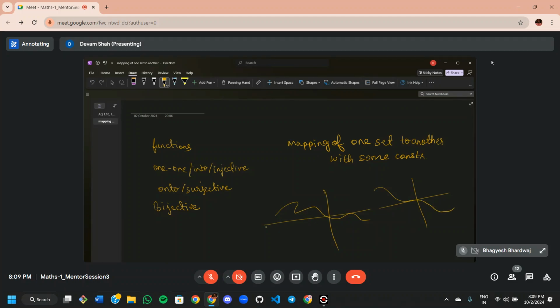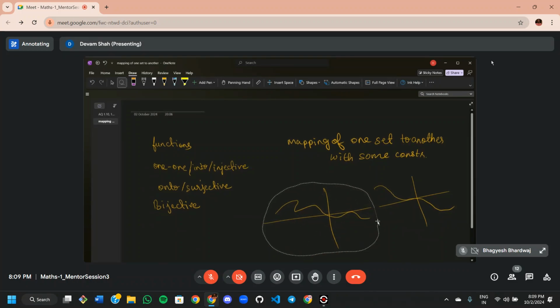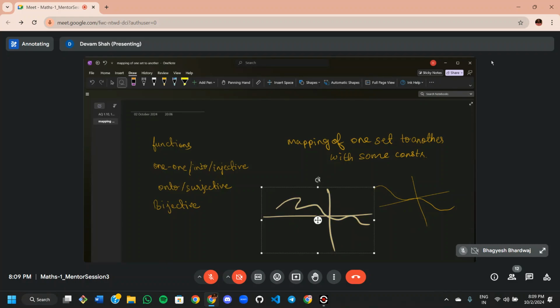This is a random graph. I don't know which equation it is. I'm just telling how you identify if a graph is representing a function or not.